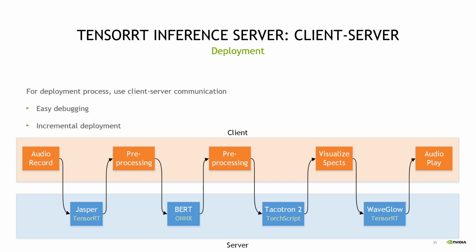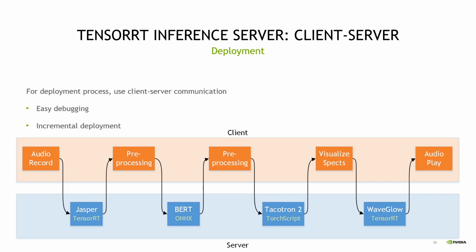This approach allows for easy debugging because we have most of the code on the client side and we can inspect it, and it allows us to deploy the conversational AI incrementally.